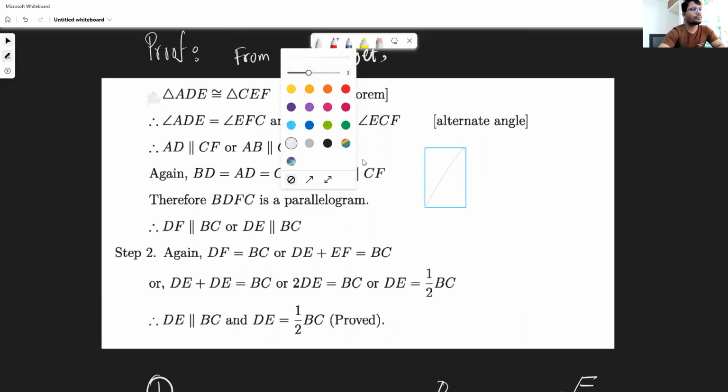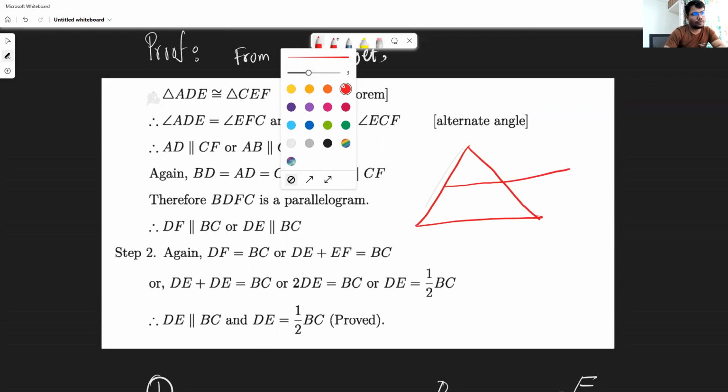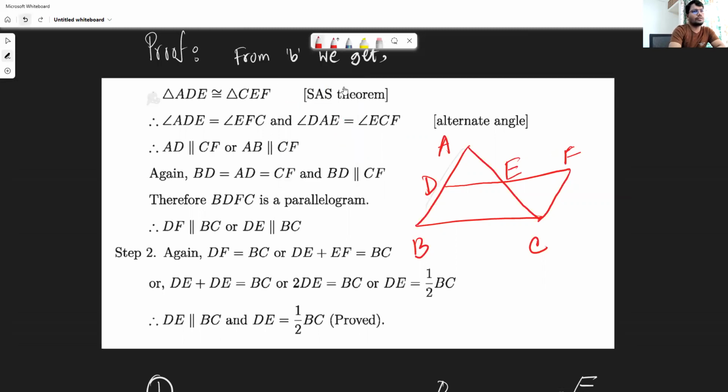Okay, just 1 minute. This is A, this is B, this is C, and this is D, this is E, and this point is F. So now first step, triangles ADE and CEF are congruent to each other.